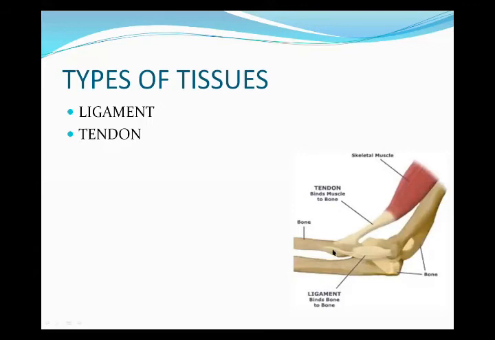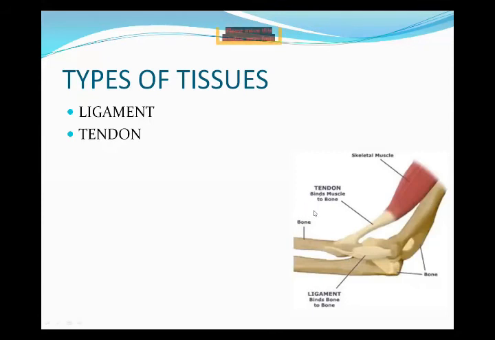Our skeleton cannot perform its function alone. It needs muscles. So muscles and bones join together by the help of these tissues. A tendon joins muscles to bone, and ligament tissue joins bone to bone.